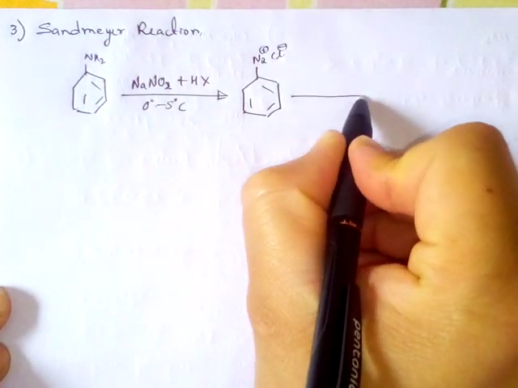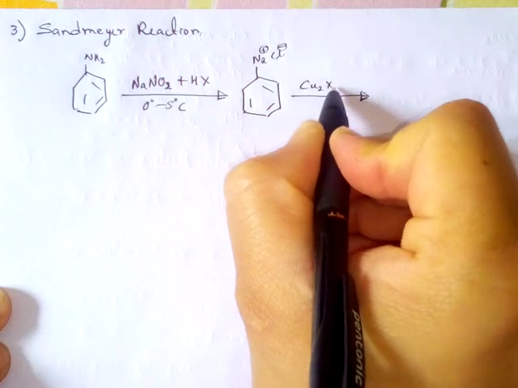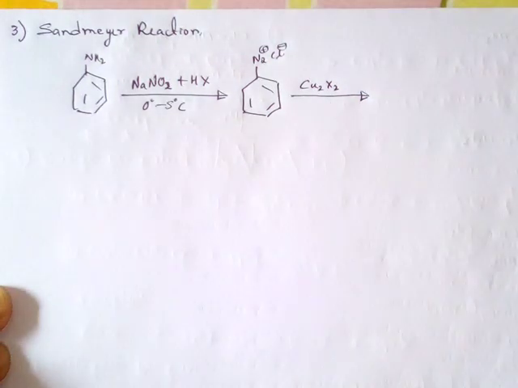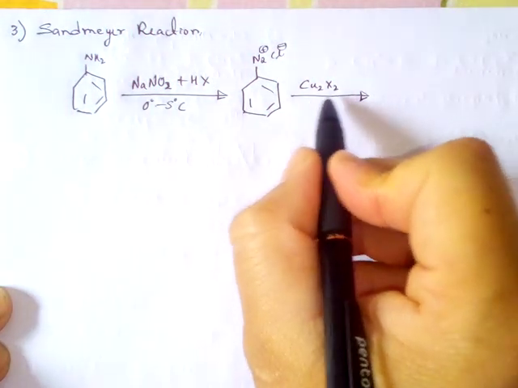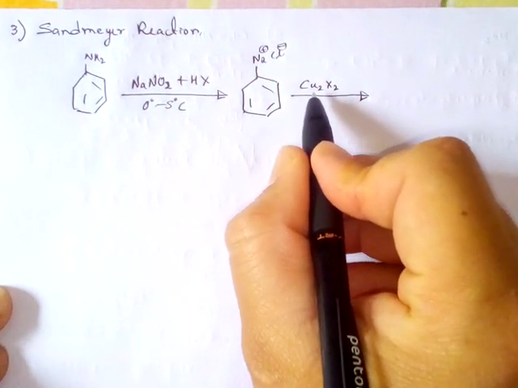When this is treated with cuprous halide Cu2X2, it could be cuprous chloride or cuprous bromide. Cuprous means the oxidation state of copper is +1 here.